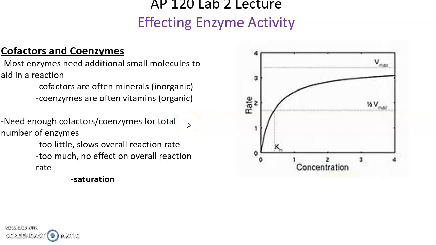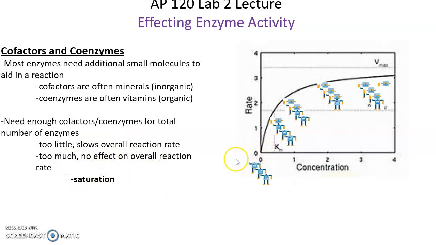For instance, the iron in hemoglobin is a cofactor for the hemoglobin. Coenzymes are often vitamins and organic in nature. So basically, you need enough cofactor or coenzymes for the total amount of enzymes. Once you have more than that, you've saturated the system. So too little, slow reaction rate; too much, no overall increase.